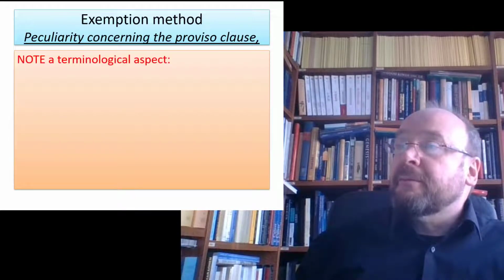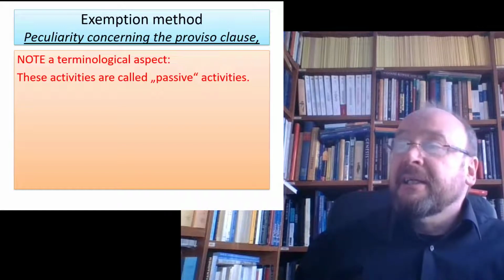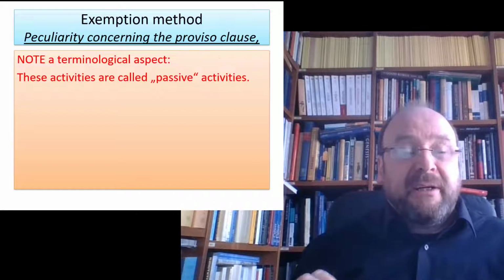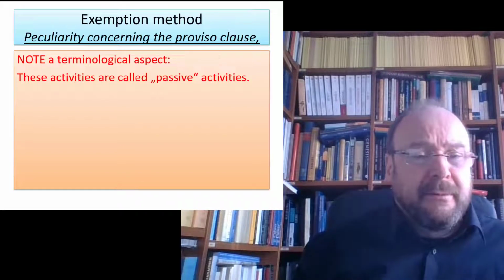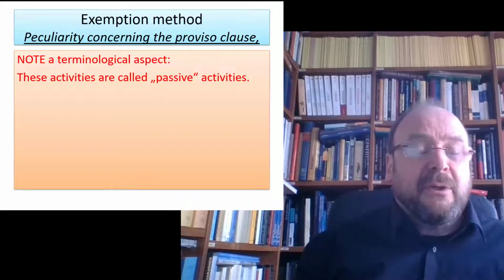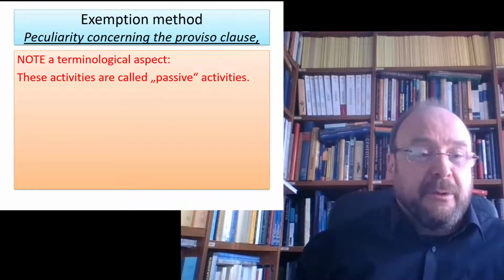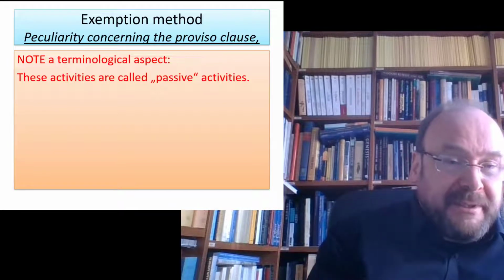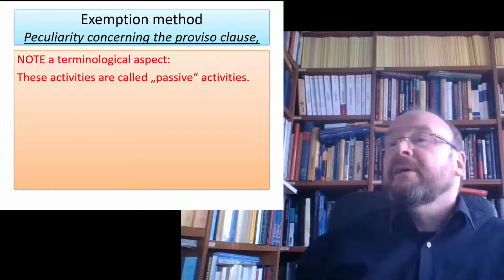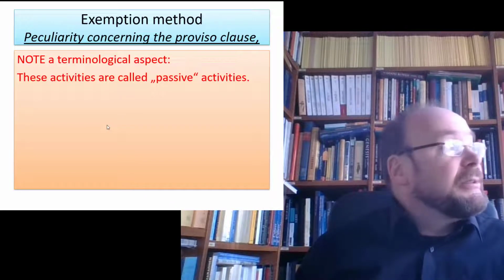Okay, so a last terminological aspect should be mentioned. These activities where either paragraph 2a says the loss does not exist, it's completely ignored, or where the rules for the Proviso for EU and EEA investment says, okay, let's forget about the Proviso, it's too dangerous. These activities are usually called passive activities.